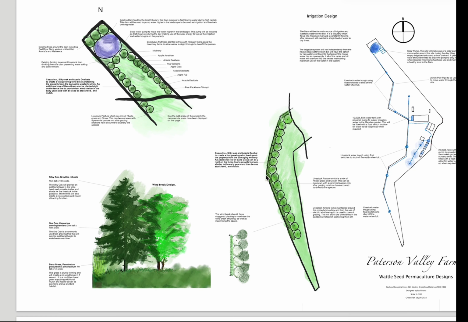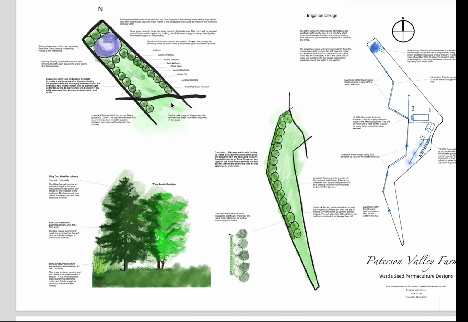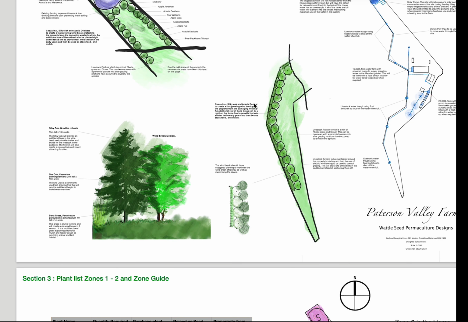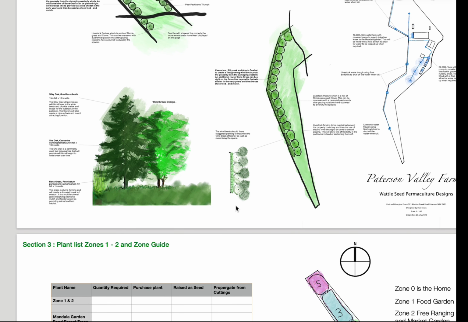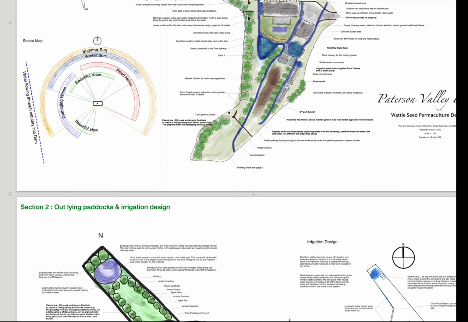And we can go into some slightly more detail about some of the edges of the property, the dam and the zone 5, and the windbreaks and the design and the structure of those, including using the banner grasses as quick hedges, the silky oaks and the casuarinas. You can see the way that works in this picture here, and that works along the edge of that property all the way along here.